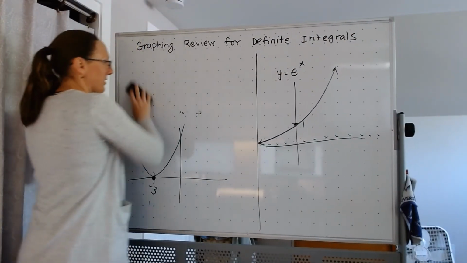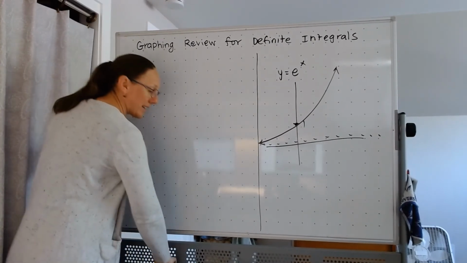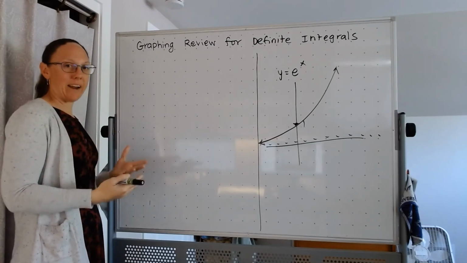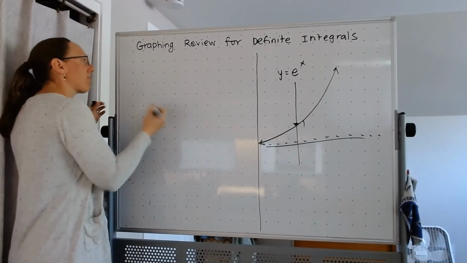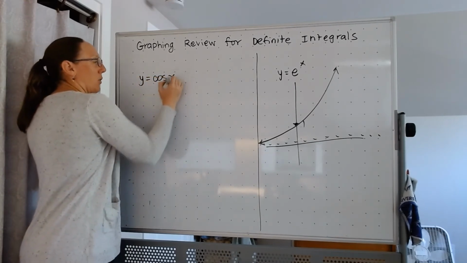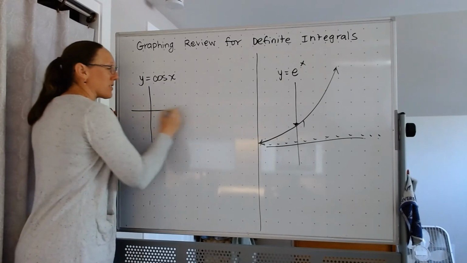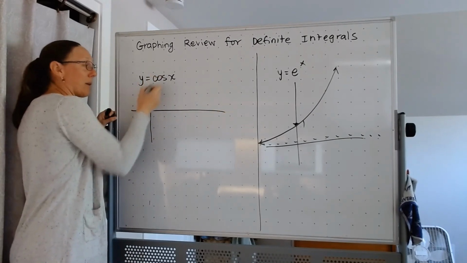For sine and cosine, especially when we're talking about definite integrals in the context of interpreting definite integrals as signed area, that's sine with a GN, it is important that we know really the basic features of cosine and sine. So y equals cosine of x.